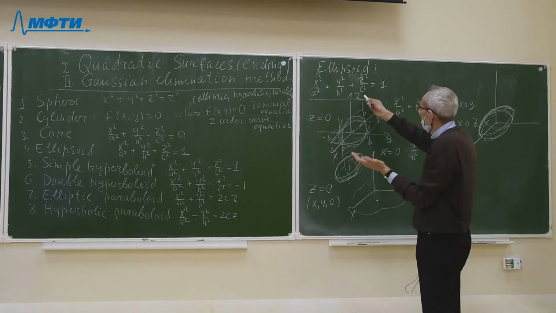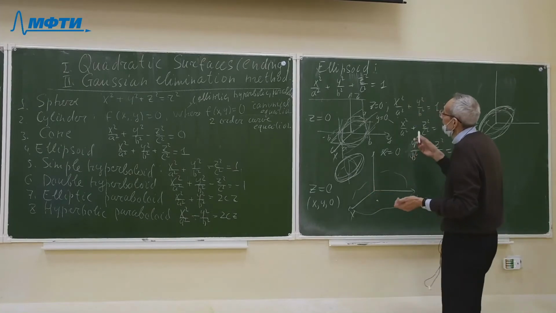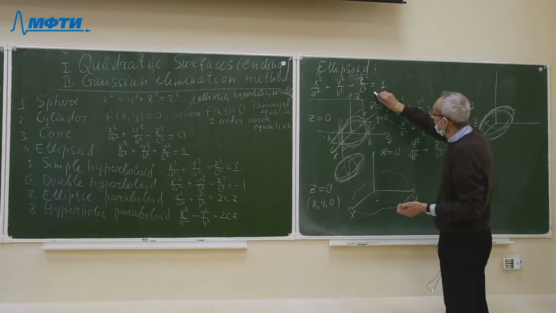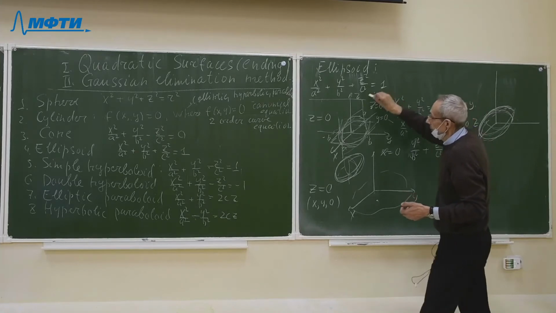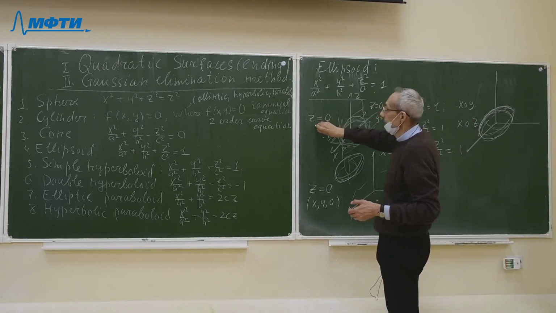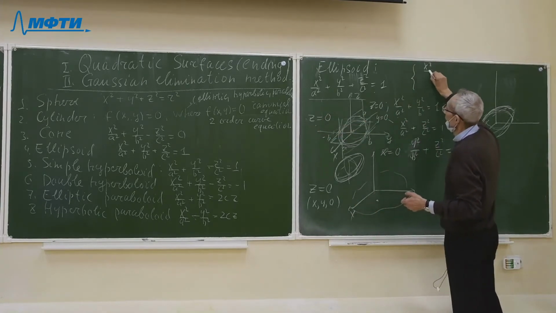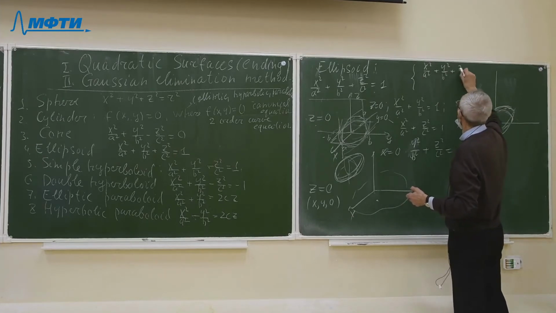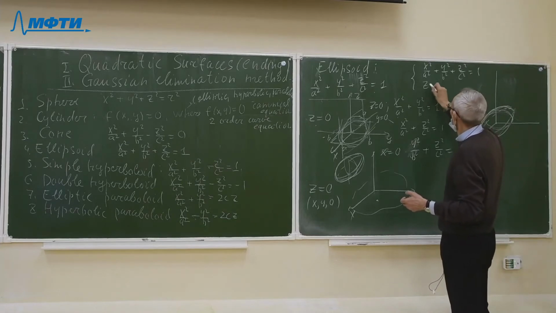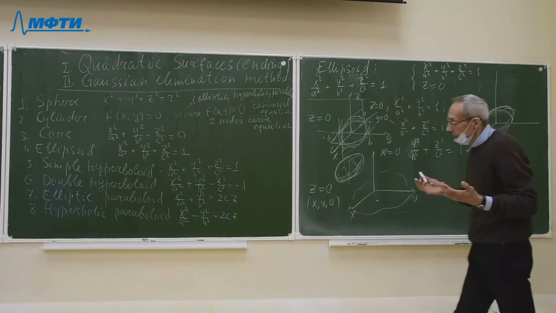And the geometrical sense of this algebraic operation is the intersection of the surface defined by this equation and the plane defined by this equation. By the algebraic way, we have a system of two equations.